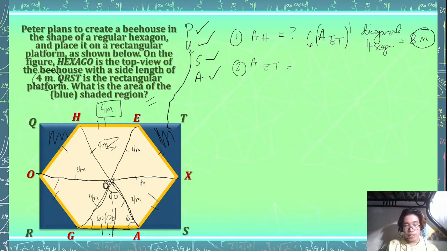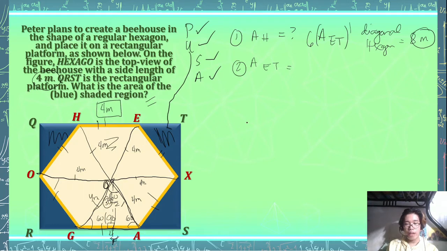So this 60 degrees right here is going to be bisected, which means it's going to be divided by 2. Let's say this is point Y. Therefore the measurement of angle GOY is gonna be 30.